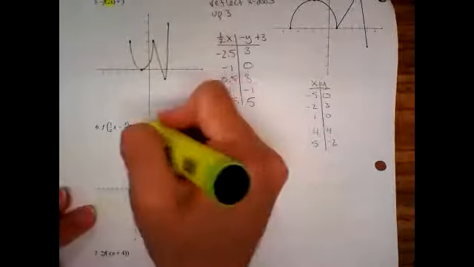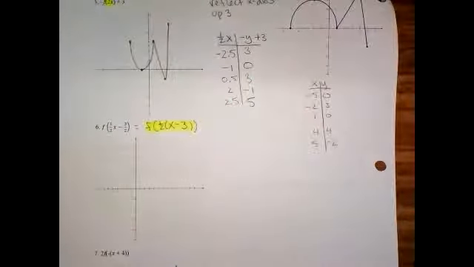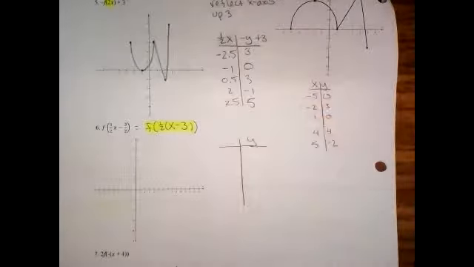Now I'm going to highlight the whole thing because all of that is inside, which is kind of nice because if there are no changes outside, we don't have to adjust any of the y values. They're all just going to stay the same. We didn't do anything to the y values. This is all just going to change the x value. So your y values are just going to stay y.